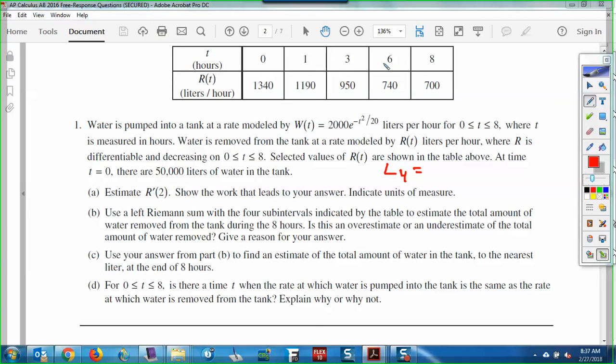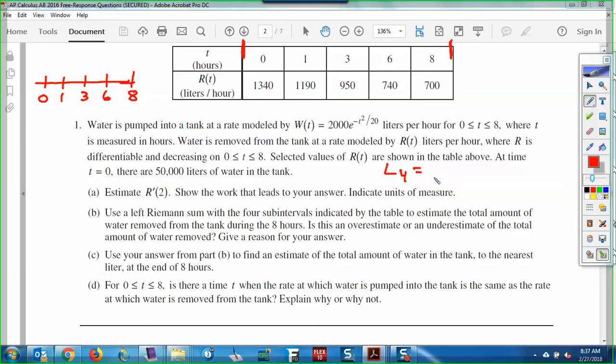This is the 1%. We can't do equal width. We can't go 0, then 2, then 4, then 6, because we don't have those values. So we're stuck going here, but don't we have 4 subdivisions here? They're going to be from 0 to 1, from 1 to 3, from 3 to 6, and from 6 to 8. There's 1, 2, 3, 4 subdivisions. They're just not going to be equal width.